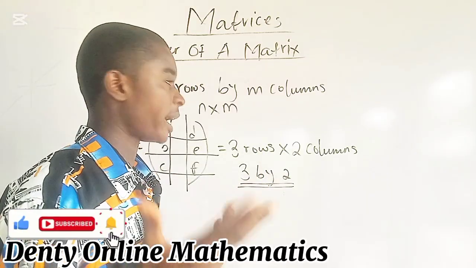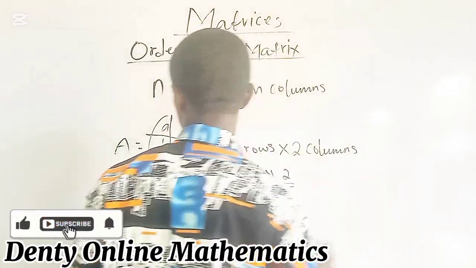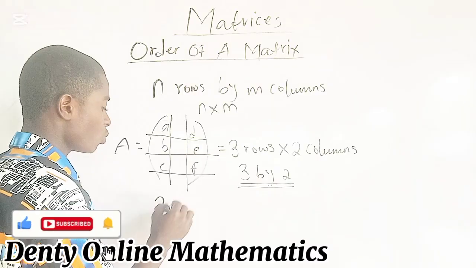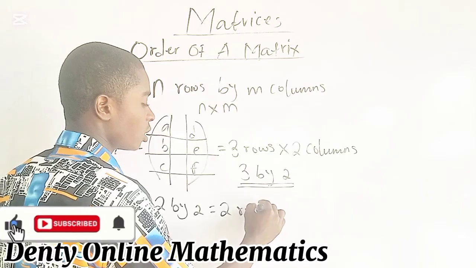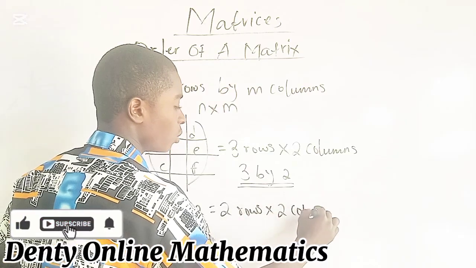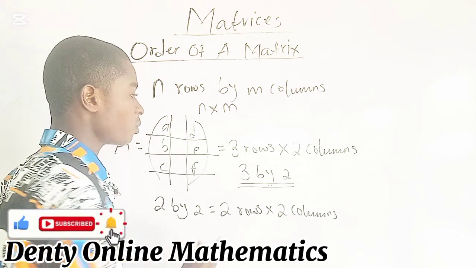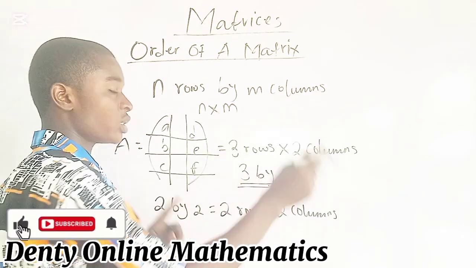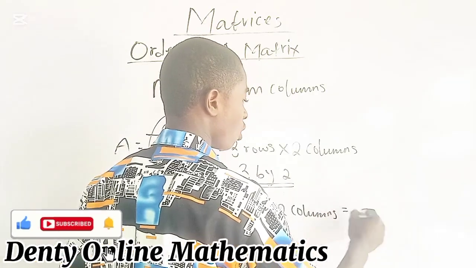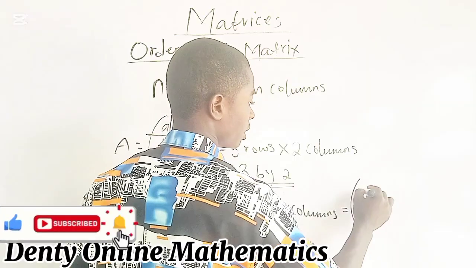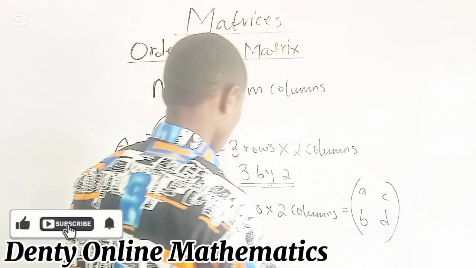Now, what if you say 2 by 2? How are you going to form that? If a matrix is represented in the form of, let's say, 2 by 2, this is the same thing as 2 rows multiplied by what? 2 columns. Take note, if it's 2 by 2, that means 2 rows by 2 columns. If it's 3 by 2, that means 3 rows by 2 columns. So if you have 2 by 2, your matrix is going to come out in this format: A, B, C, D, because we have 2 rows.